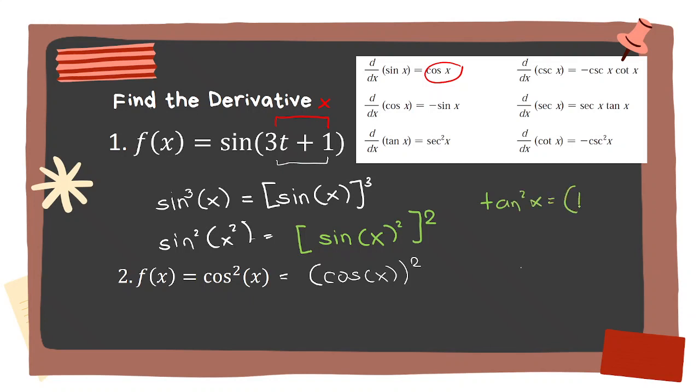Equal to sa square ng tan x. Okay? Mr. Yaya, paano kapag 2x yung nasa loob? Tan squared 2x, saan to equal? Sa tan, nasa loob, 2x, square daw, edi square ko lang. Gets? Any question?